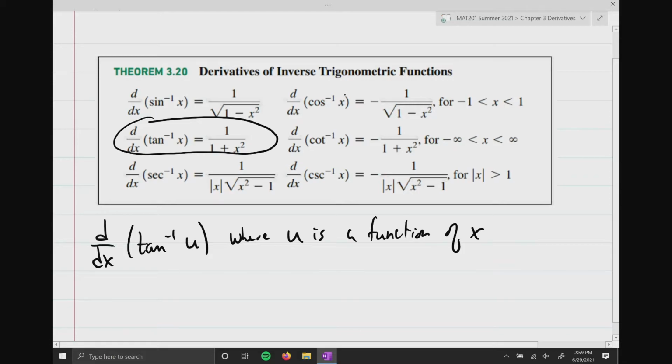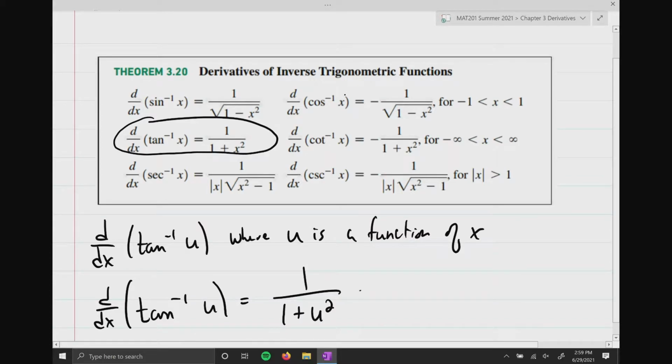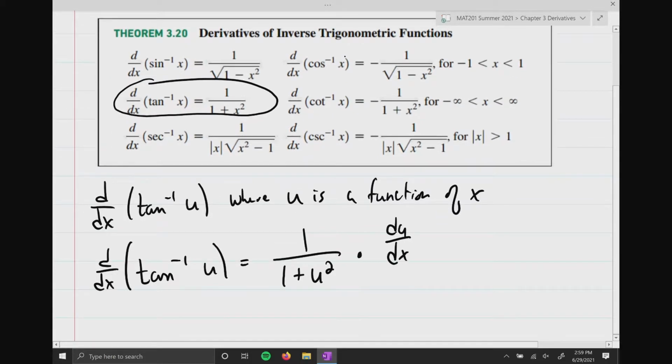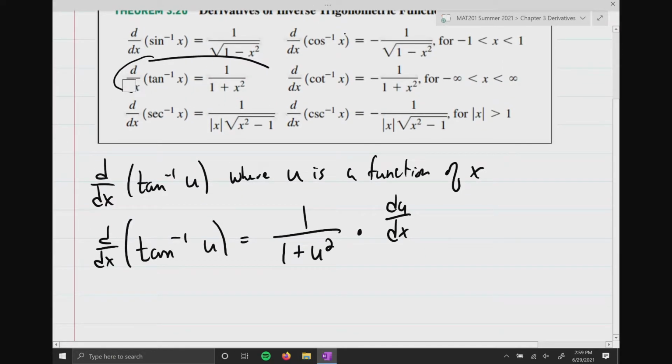The derivative of the inverse tangent of u is going to equal 1 over 1 plus u squared times du dx, because you got to apply that chain rule. So make sure that you remember that from all the examples we did with basic trig functions. So this is basically the same thing. What's really nice is you've got formulas. All you got to do is find the correct formula, substitute appropriately, simplify appropriately, and that's it.